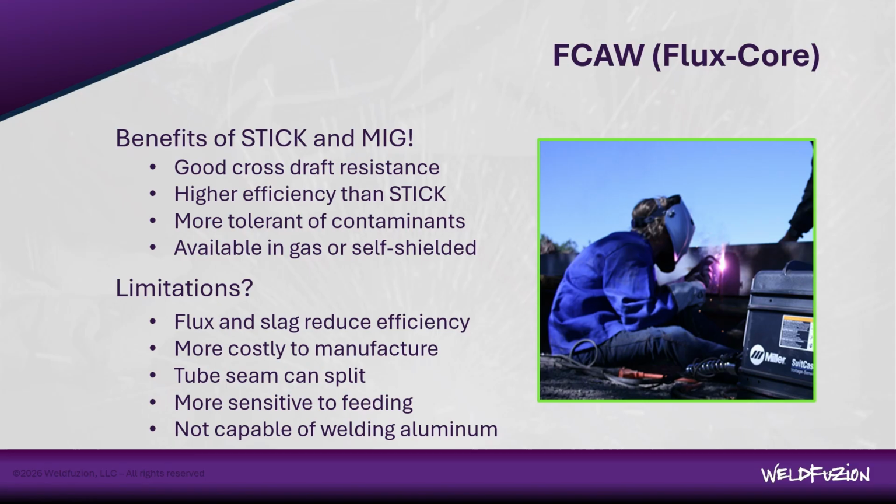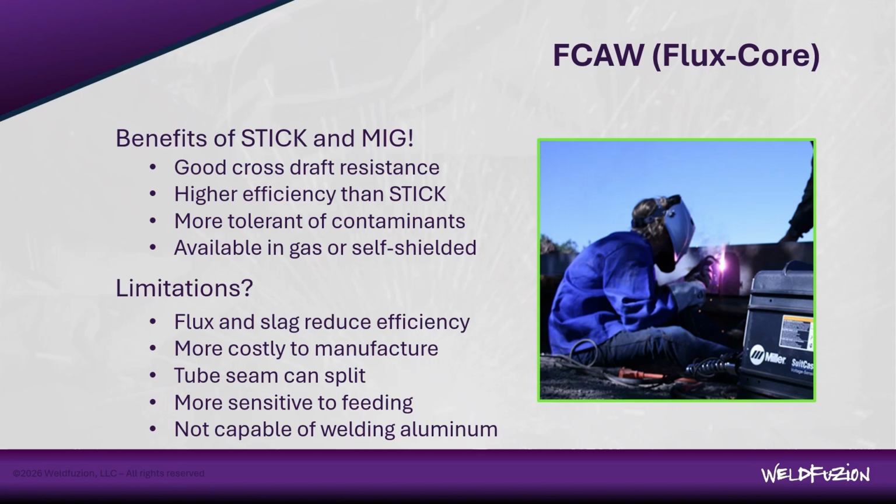It has good cross-draft resistance, like stick, but it eliminates the stub loss and the need to stop and change your electrode every 12 to 15 inches, for an efficiency that's kind of between stick at 60% and short circuit MIG at 88%. We're probably talking into that general 70 to 75% efficiency range, because we do have to chip the flux and toss that away.